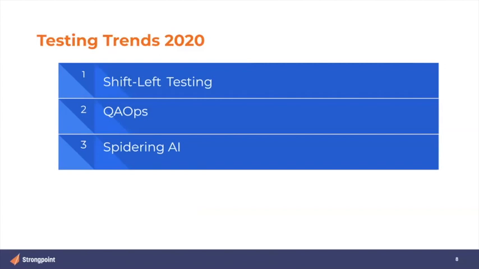There are a couple of trends that we adopt. In this case, I put 2020, but some of them have been with us for a long, long time. Shift left testing, QA ops, and spidering AI. I'm going to make a brief comment about spidering AI.